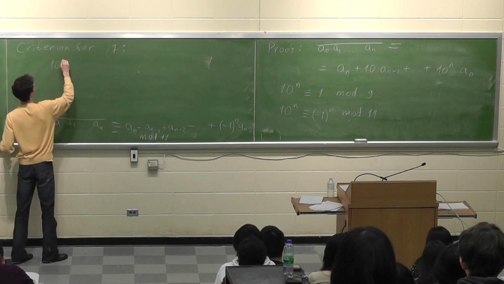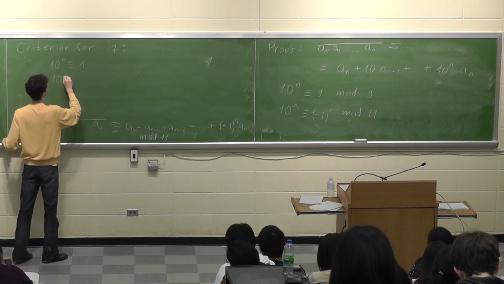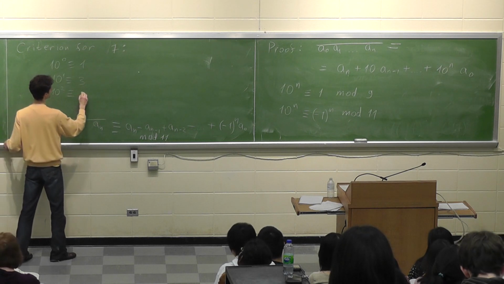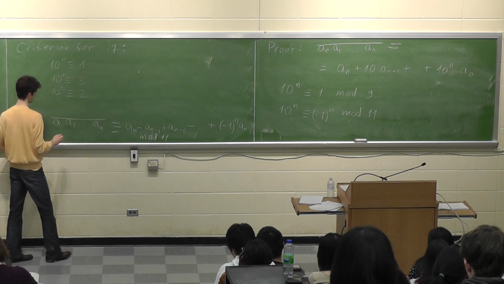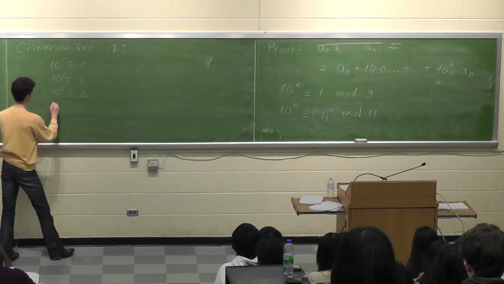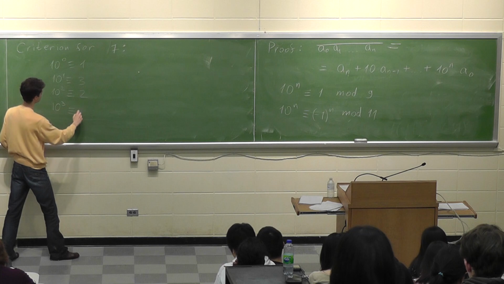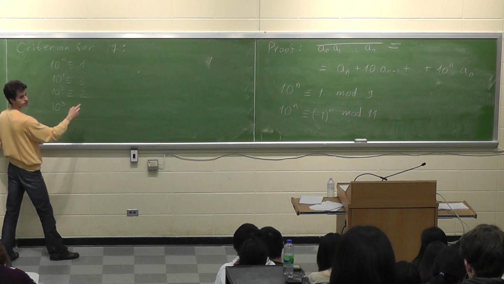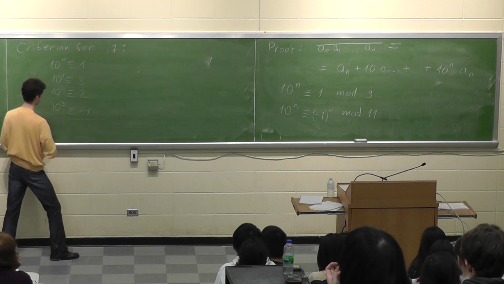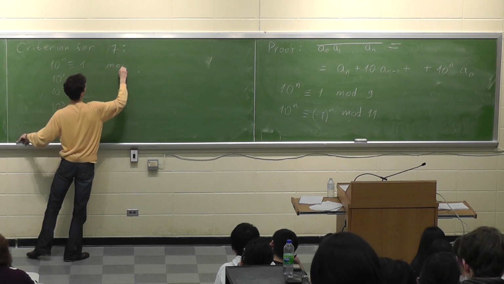So 10 to the power 0 is 1, 10 to the power 1 is 3, 10 squared is 3 squared, which is 2. 10 cubed is 2 times 10, which is 20, so 20 is minus 1. Modulo 7, so everything here is modulo 7.